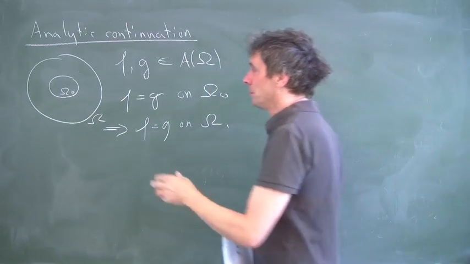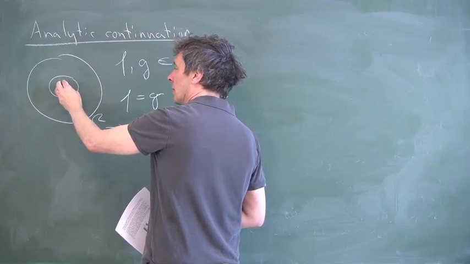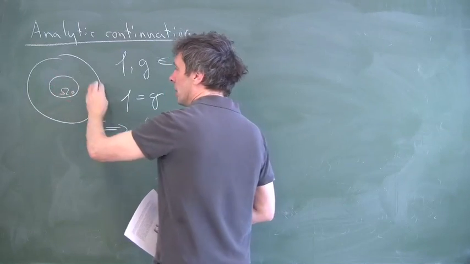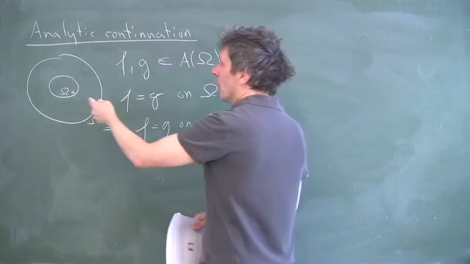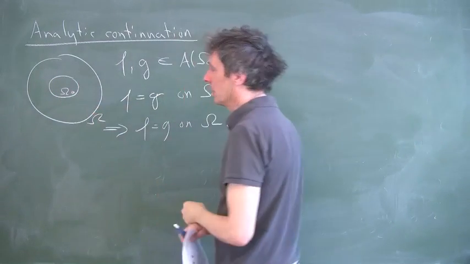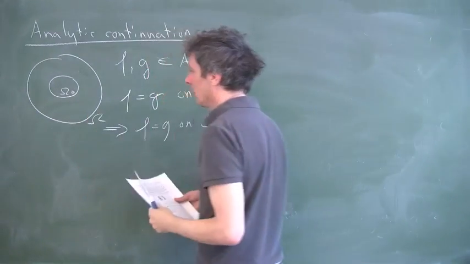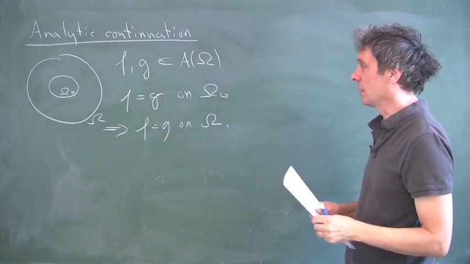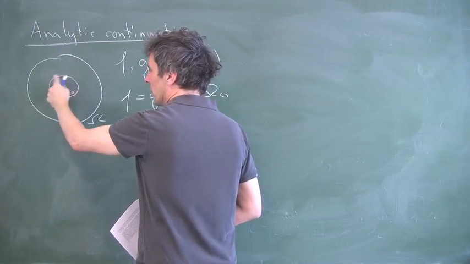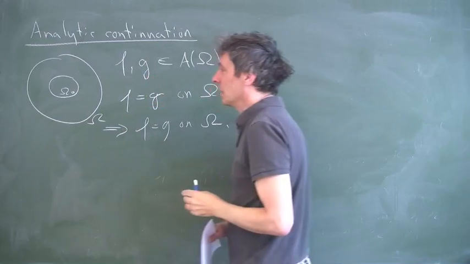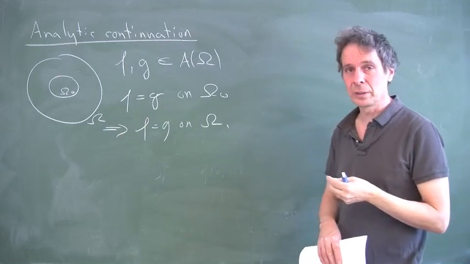So once you know that these two functions agree on this smaller set, then they must also agree on the larger set. For this to be true, you have to demand this set to be connected, but otherwise, it's quite a general fact. So in particular, if you can extend a function from this smaller set to the bigger one, then this extension is unique. There can be at most one way of doing it.